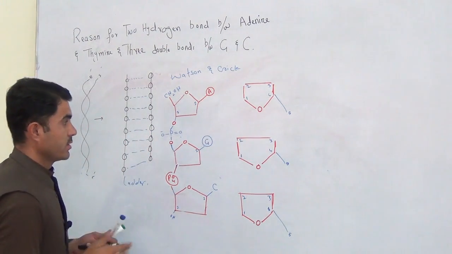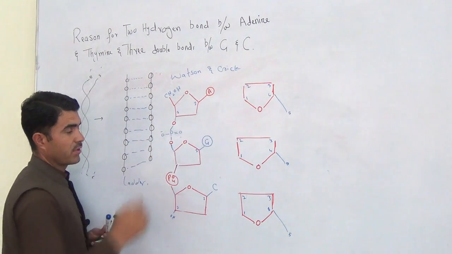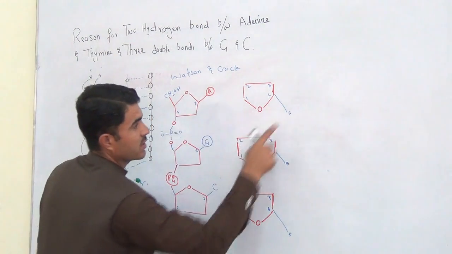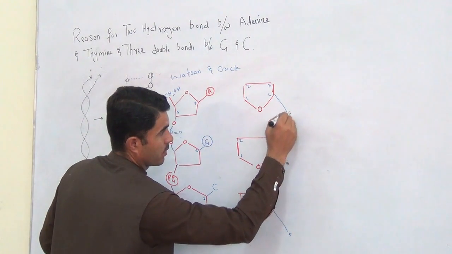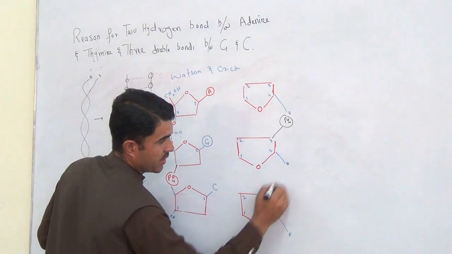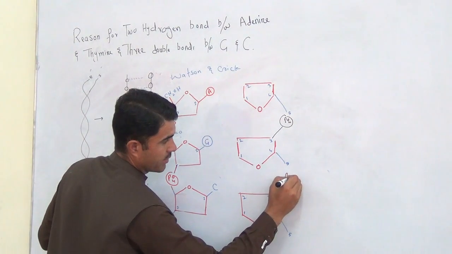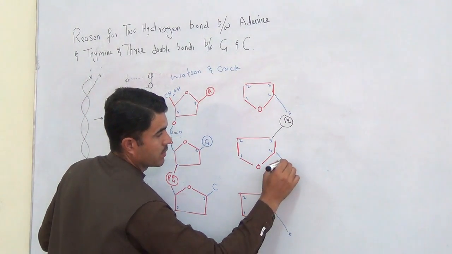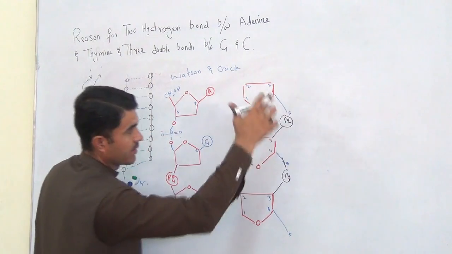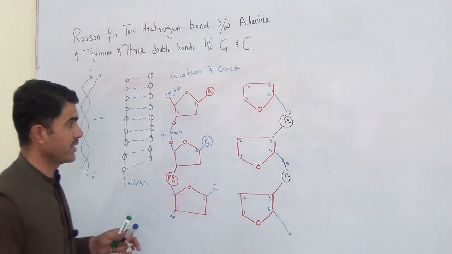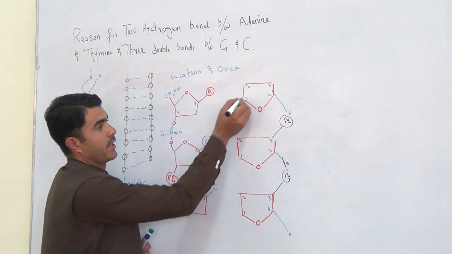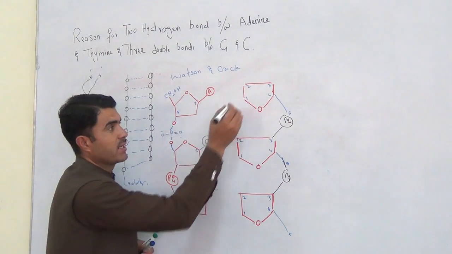Okay, just like here between 3 and 5 we got phosphate, similarly here between 3 and 5 we will get a phosphate PO4. So in this way we got another strand. These are the two strands, right? And at carbon number 1 of the sugar we write the nitrogenous base.